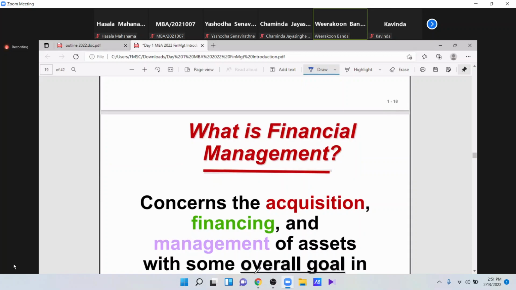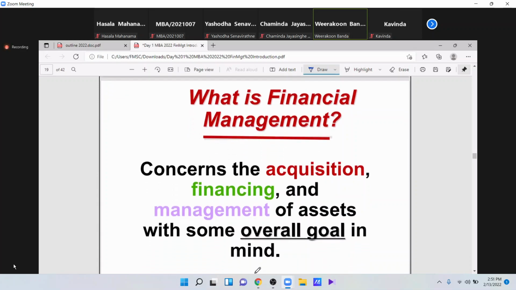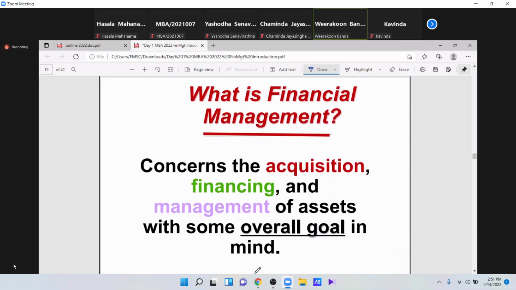Then another point is our main concern here, financial management. What is financial management? Now read the statement here. It concerns the acquisition, financing, and management of assets with some overall goal in mind.